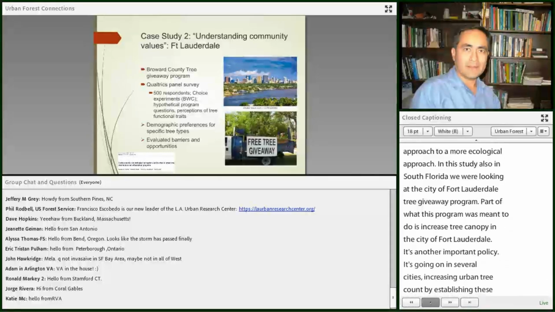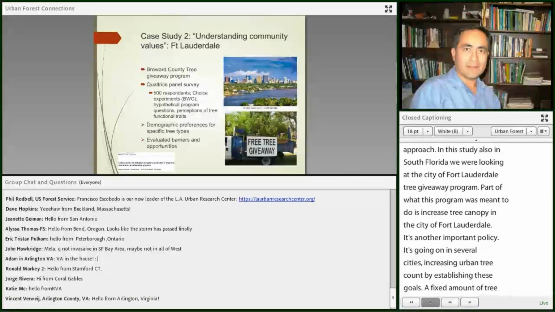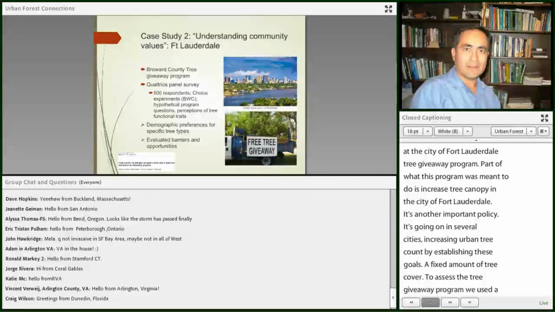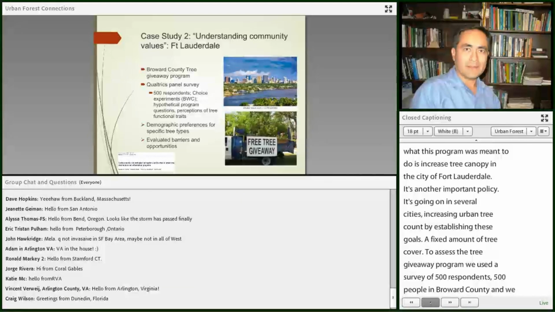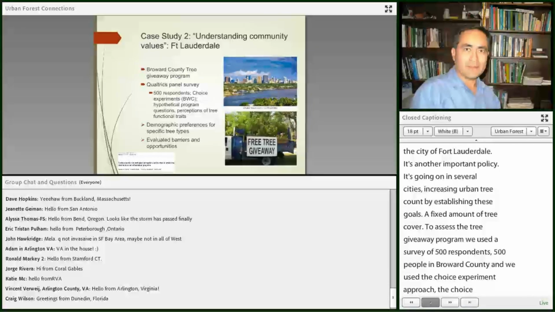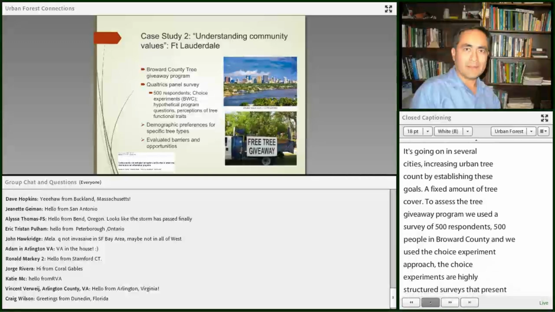So to assess this tree giveaway program, we used a survey of 500 respondents, 500 people in Broward County. And we used a choice experiment approach. So these choice experiments are highly structured surveys where we present respondents with different alternatives, and the respondents choose among these alternatives based on the different characteristics of those alternatives.